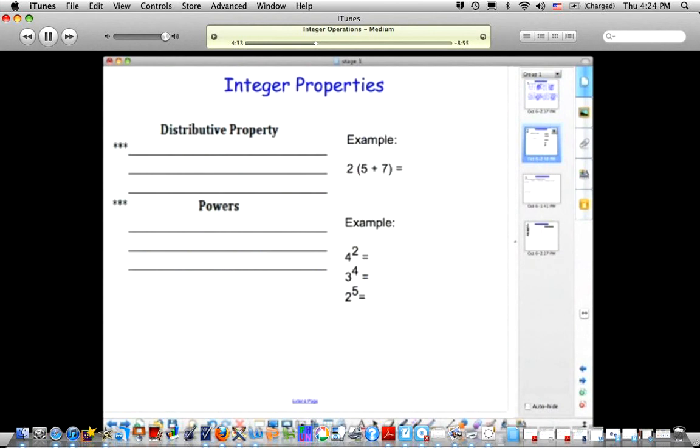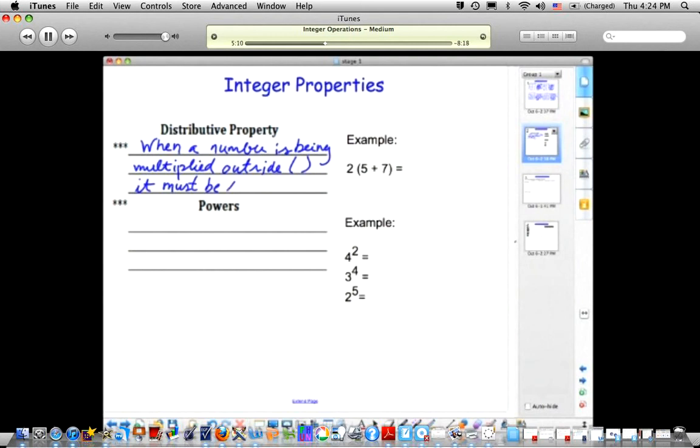Moving on to integer properties, or a few more integer properties. With the distributive property, we're looking at numbers where a number is being multiplied by a set of numbers within parentheses. So as you can see, the example over here is 2, and any number placed directly next to parentheses does imply multiplication. So 2 times the quantity 5 plus 7.